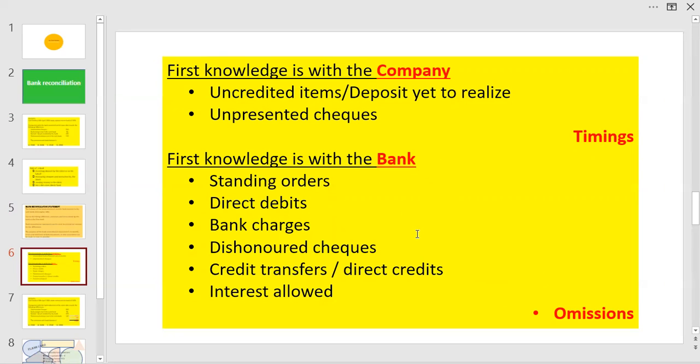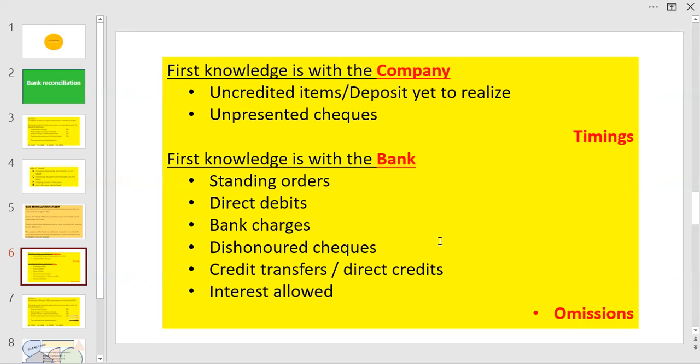Dishonored checks is the other one, where when we deposit we assume there is funds, but the bank may find after presenting to the issuing bank there is no funds for this check, therefore they will make no credit and they will inform us. Until such information comes, we cannot make the corrective entry in our book. Therefore, due to this omission, our accounts will remain incorrect.